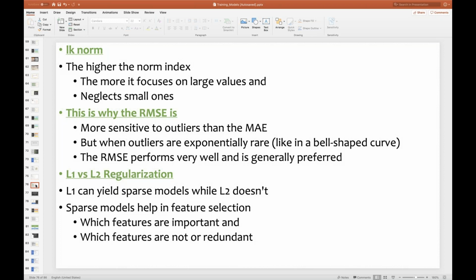If you don't understand the word sparse model, then you are literally messing up your machine learning model. I repeat, when you are regularizing between L1 norm and L2 norm, L1 leads to sparse models while L2 doesn't.